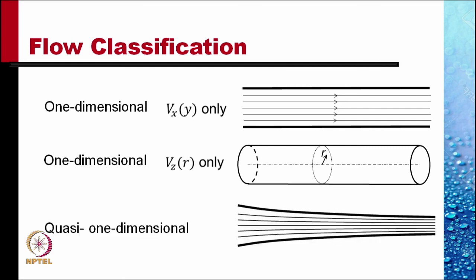If the channel was very slowly tapering, the field is no longer one-dimensional, but the variations with x direction are slow, and so it can be treated as a quasi one-dimensional.